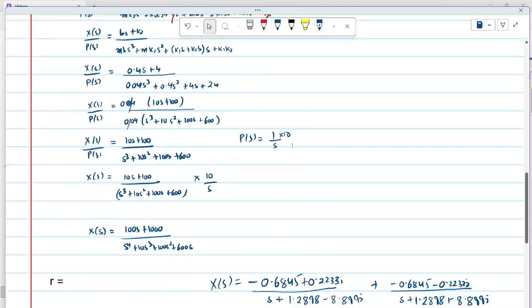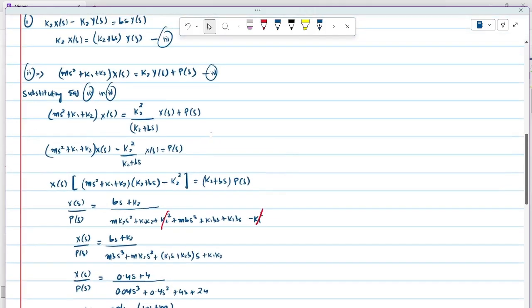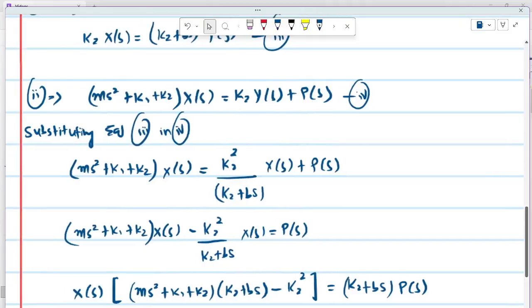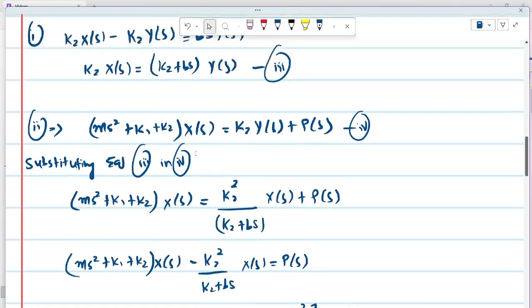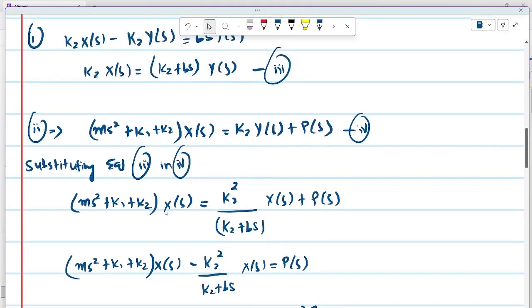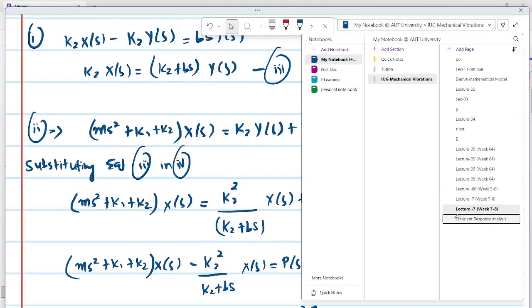So here, what we did in equations 3 and 4, we eliminated the y. We substituted y in terms of x. What you can do is substitute x in terms of y in this equation, and then find Y of s over P of s. Just do the inverse in this one.